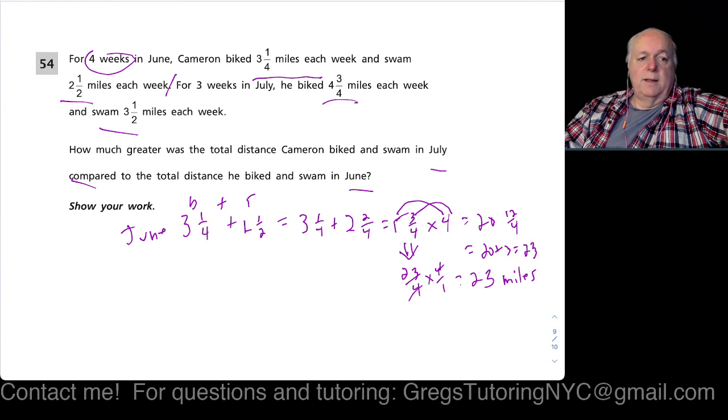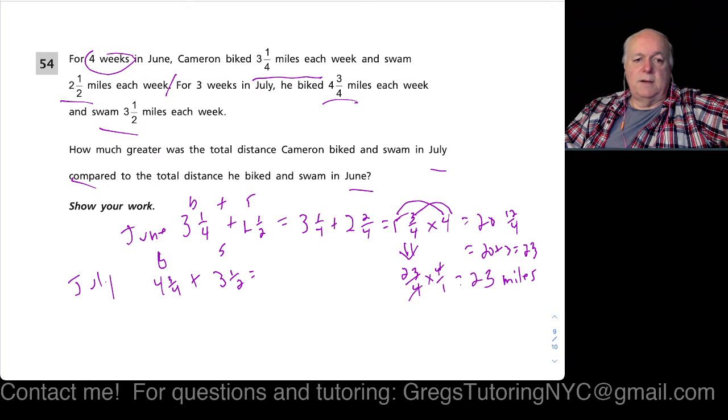In July, if we do this the same way, he bikes 4 3/4, and he swims 3 1/2. So we do the same thing. We're going to do that conversion to get the common denominator.